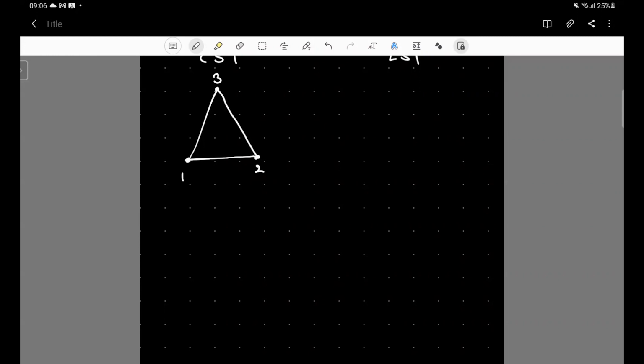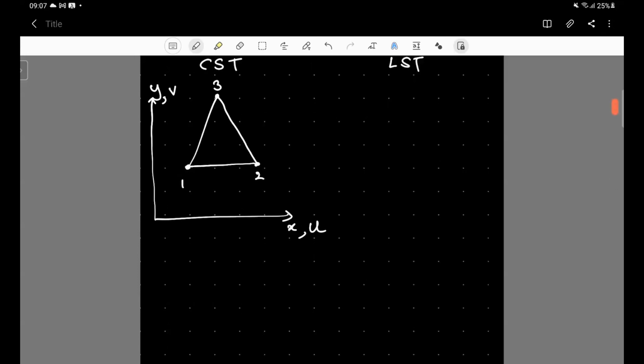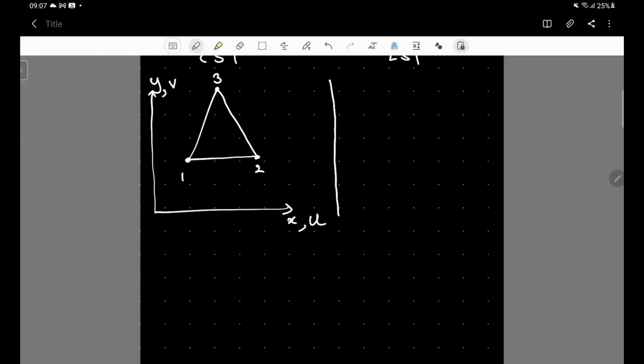If we consider the 2-dimensional XY Cartesian coordinate system, where the displacement in the x direction is given by u and the displacement in the y direction is given by v, we had to consider 6 degrees of freedom, that is 2 degrees of freedom per node times 3 nodes. Now in the case of LST, the problem becomes further complicated.